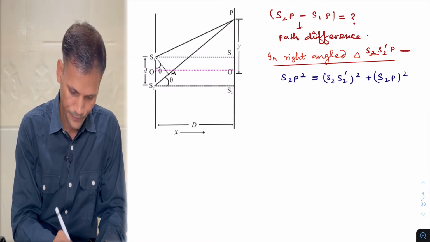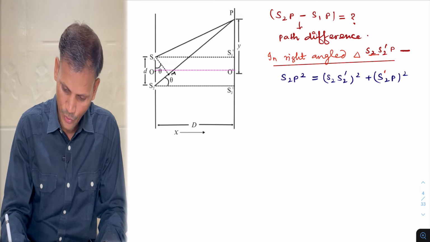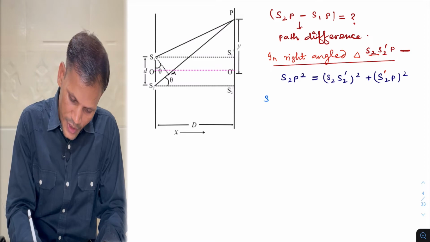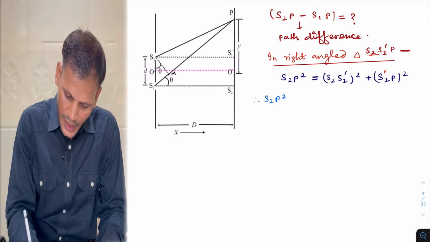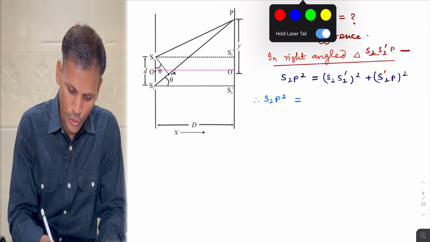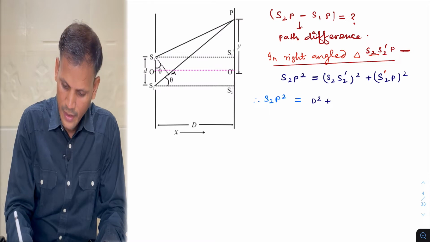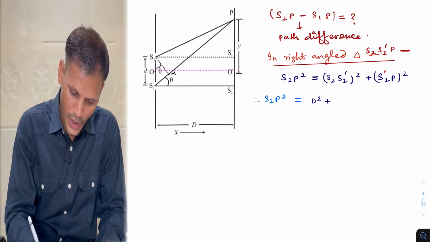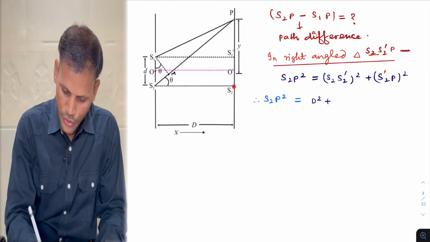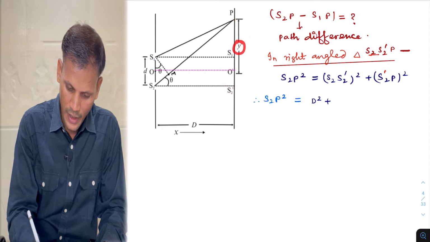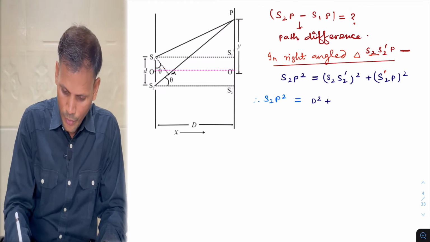Now we can substitute the values. S2 S2 dash is nothing but D, so it will be D square plus S2 dash P, which is Y plus D by 2, since this is Y from here to here, and this is D by 2. So plus Y plus D by 2 to the whole square.